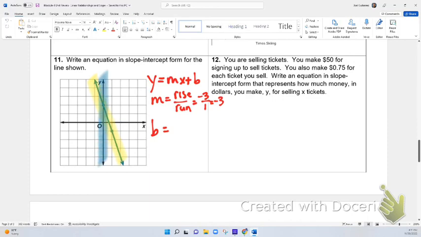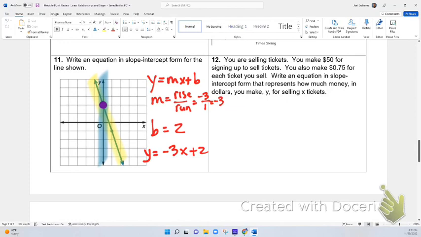Where do those two intercept or intersect? You can use either word. They intersect there. And that is at 0 and 2, also known as 2. Okay? So then when I write my equation would simply be y equals negative 3x plus 2. All I did is I found my m and my b, and I plugged them in.